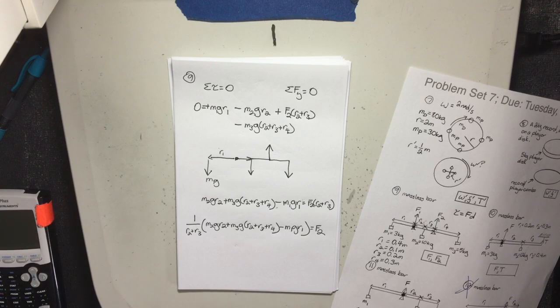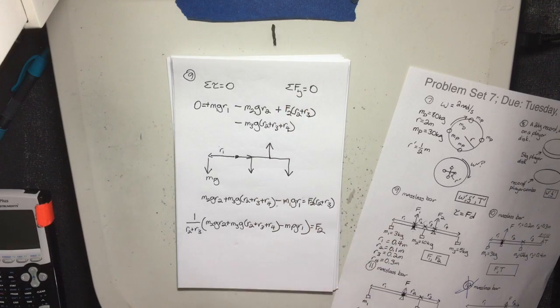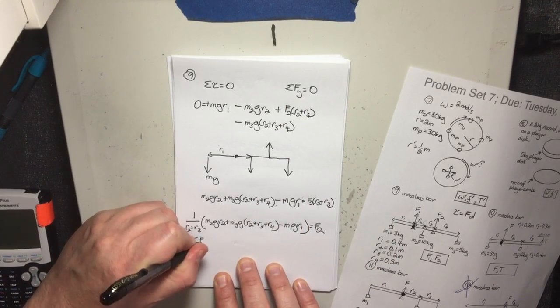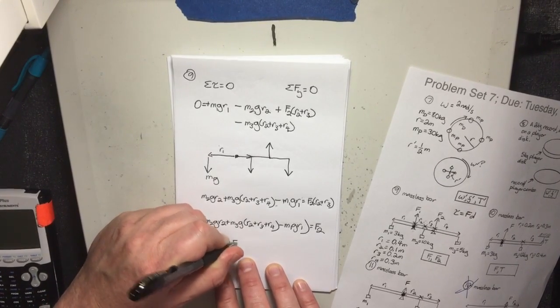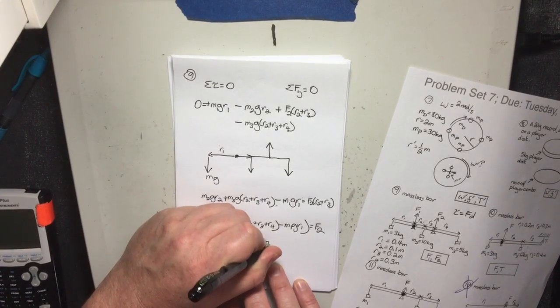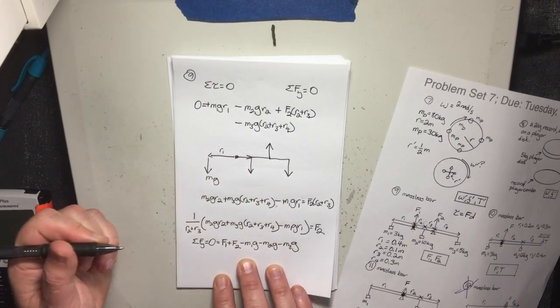Now that F2 is a known quantity, you could just redo the calculus, but the easiest way is to sum the vertical forces. Forces up equal forces down. Sum of the forces vertically is 0. F1 plus F2 minus M1G minus M2G minus M3G equals 0.